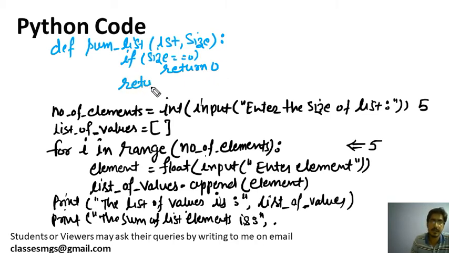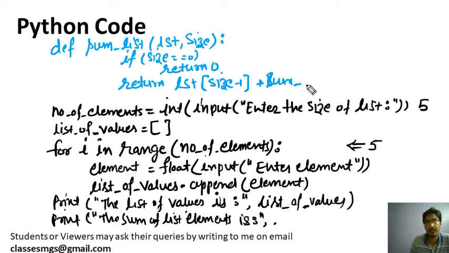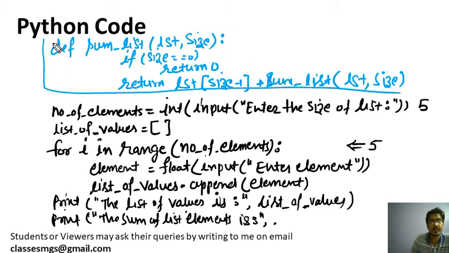Otherwise, each time we will add the last element, and each time decrement the size of the list by using this line, size minus 1. This time virtually it will be reduced, and this is your recursive function. This function will be calculated.